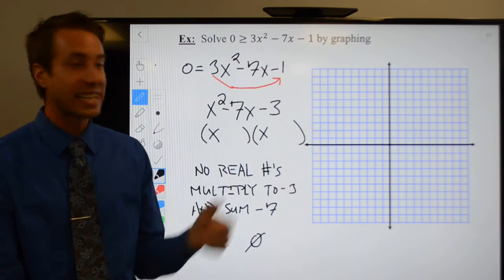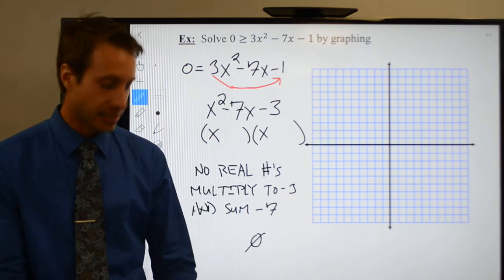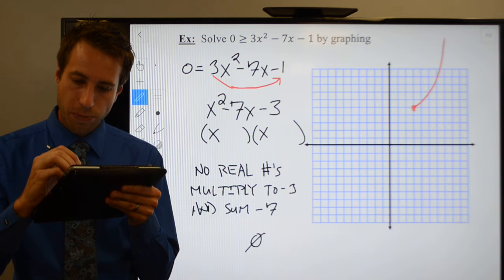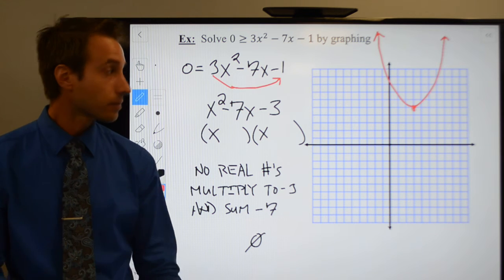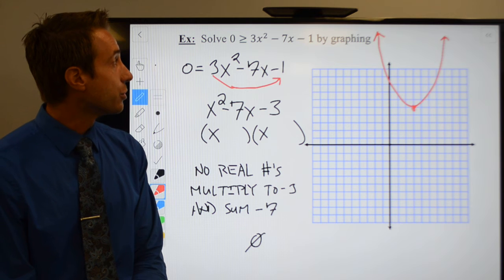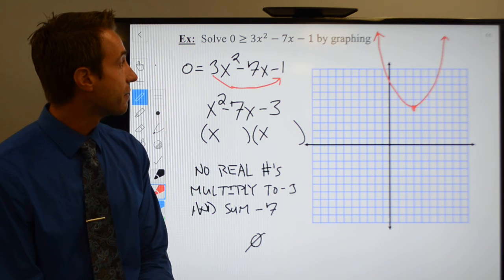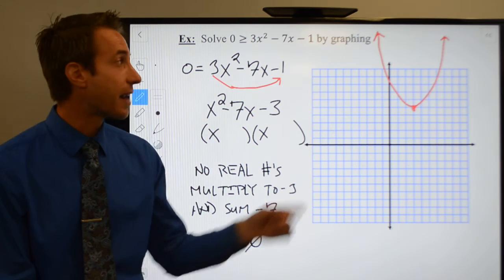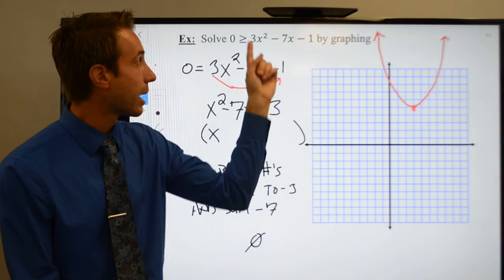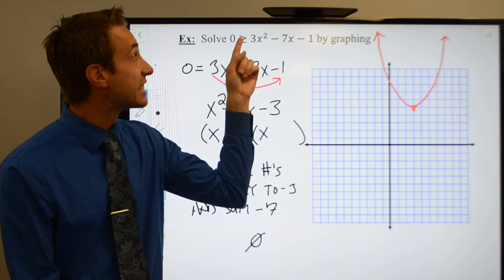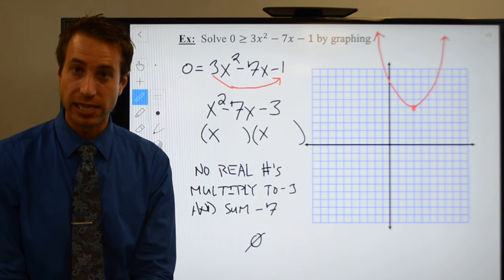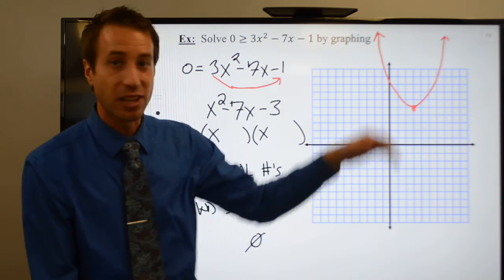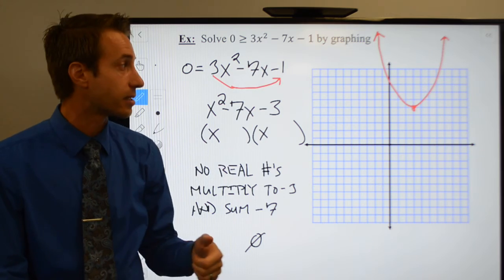This quadratic does not cross the x-axis. In fact, it's going to be a parabola that is somewhere up here, opening upwards. I asked you to find all the values where the quadratic is less than or equal to 0. Well, that's not possible. My entire parabola is above the x-axis.